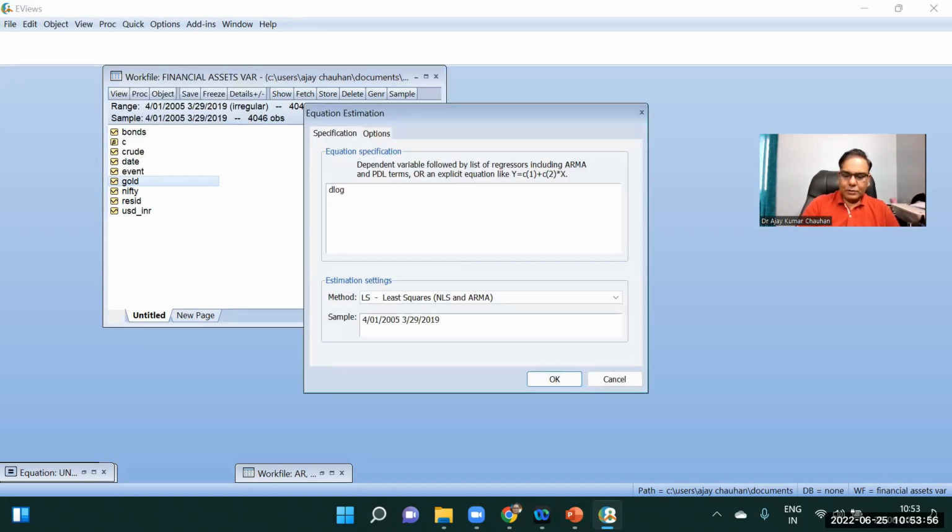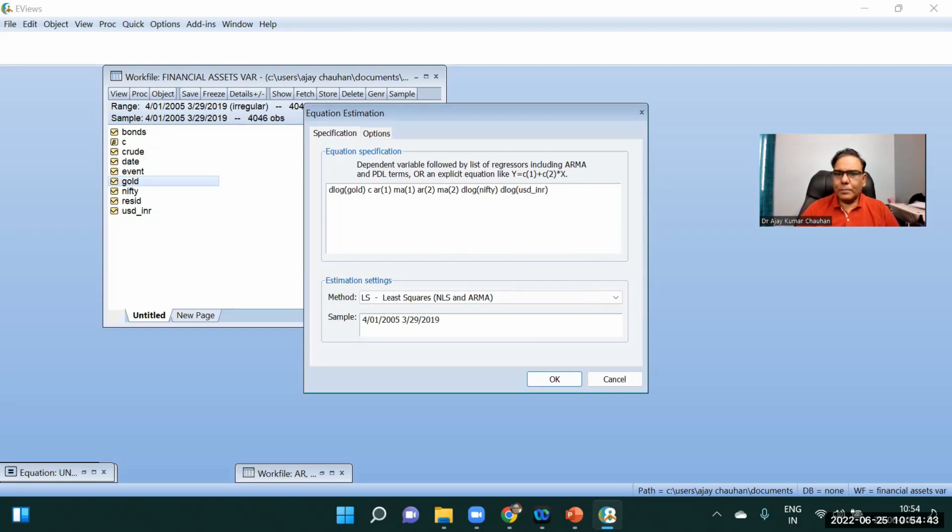First of all, you have to create some ARIMA model, and let's say take 2 values. Then you can take the D log Nifty or D log USD INR. This equation can be used for only static forecasting, not dynamic forecasting. Only 1 period forecast you can do.